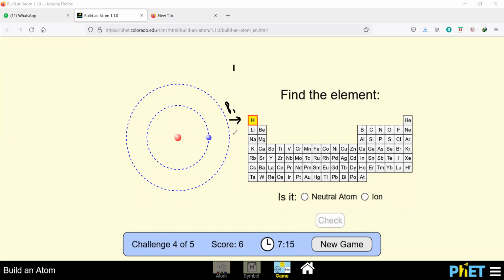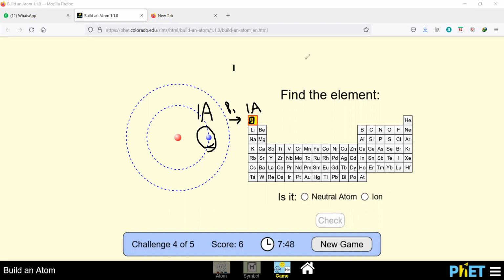You said 2 energy levels, but it's only 1. I said 1 energy level and 1 electron. So 1 electron means it's group 1A. So here I have 1A and period 1. So this is the element.